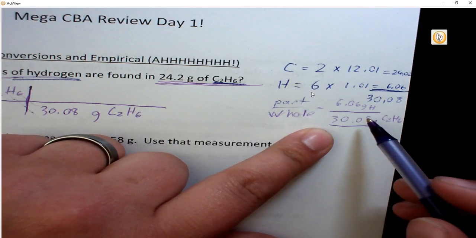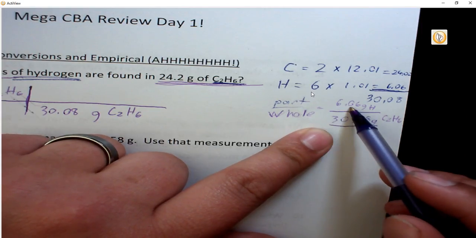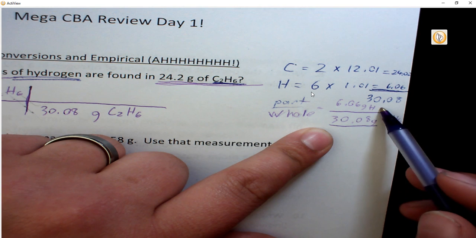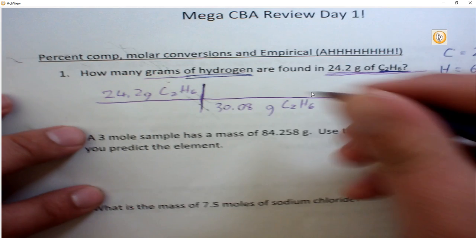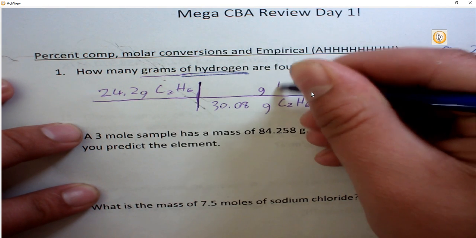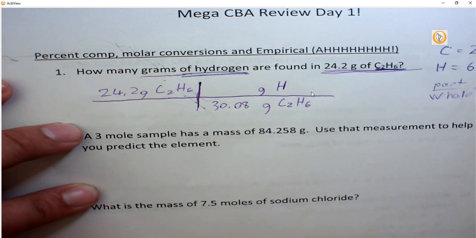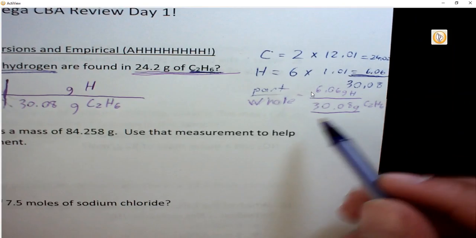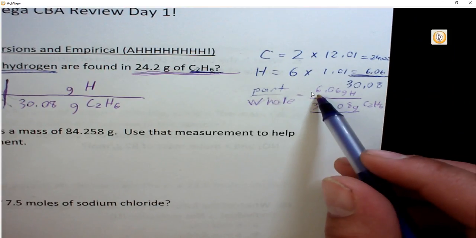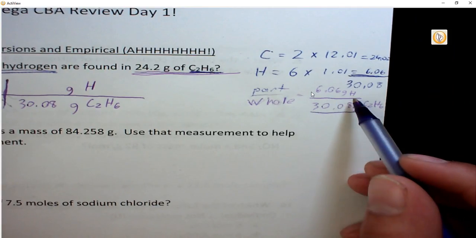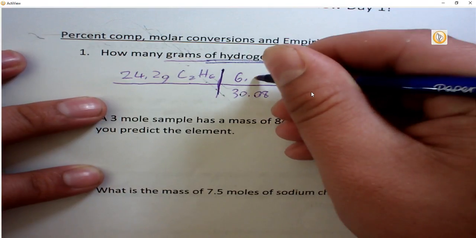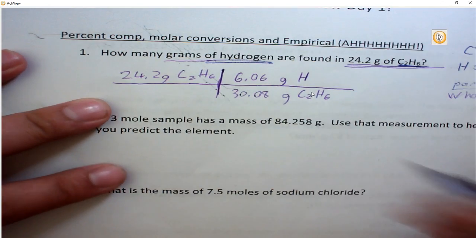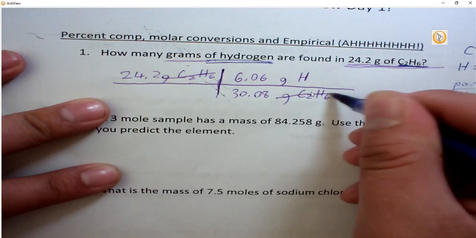This literally tells us every 6.06 grams of hydrogen can make 30.08 grams of C2H6. So we can plug this in right here. Grams of hydrogen are what we want to go to. And we saw that in C2H6 we always get 6.06 grams of hydrogen. So we plug that in there. Grams cancel out.